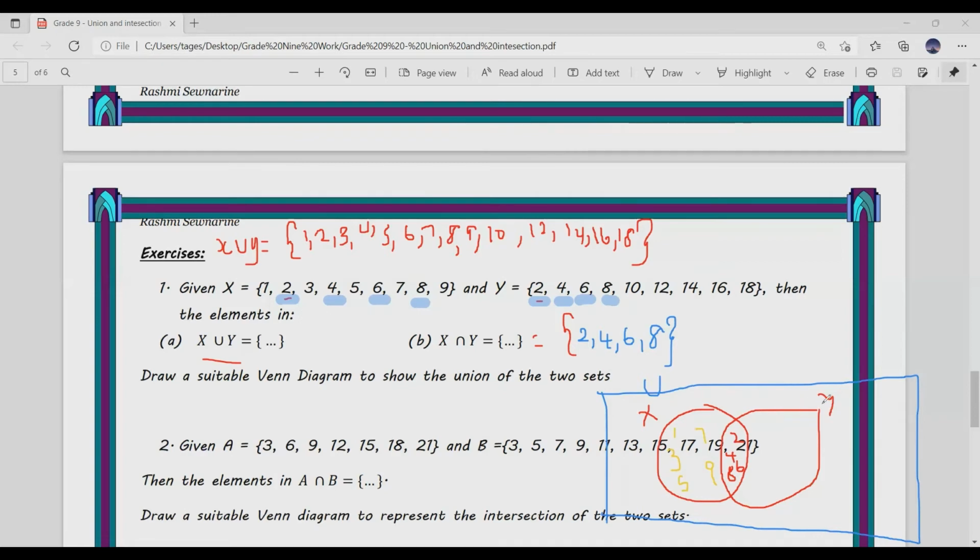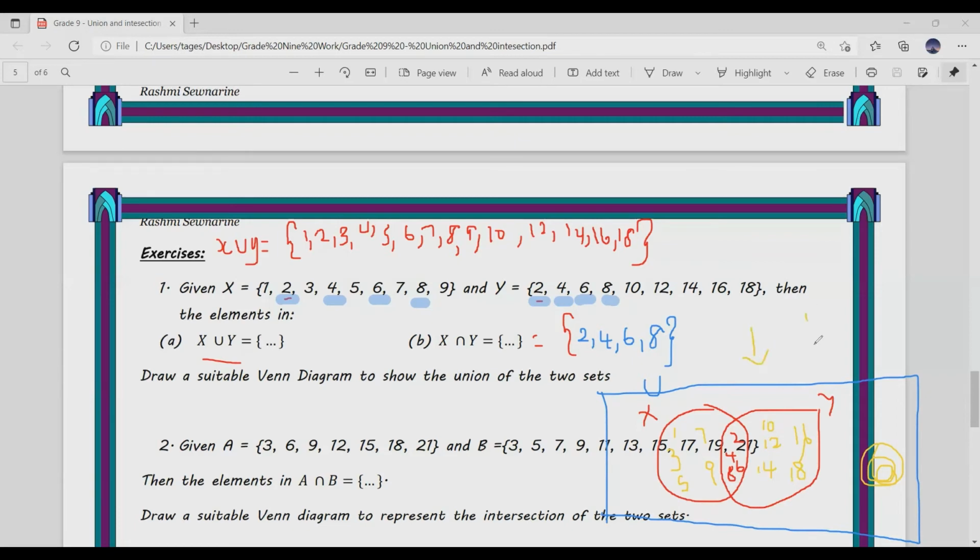For Y, we have what was not used: 10, 12, 14, 16, and 18. So that's about it. We don't have any number that was not used. If we did have some other number that was not used, it would have come outside here. So this is what your Venn diagram should look like.